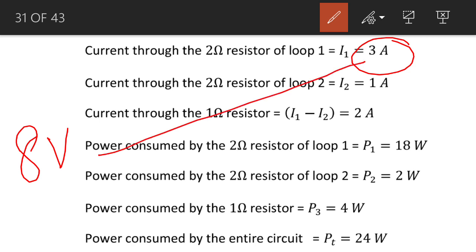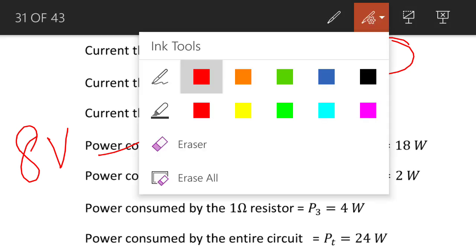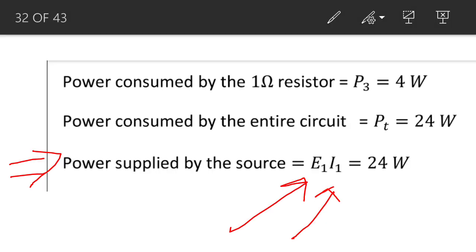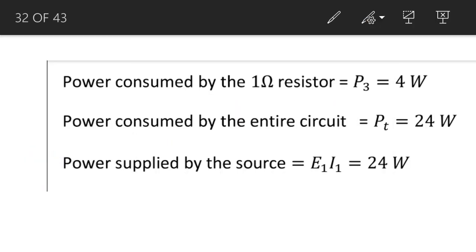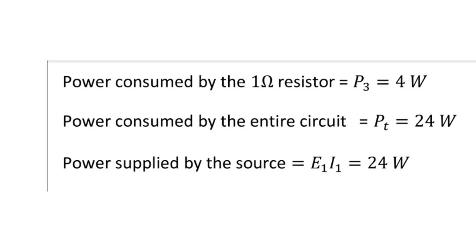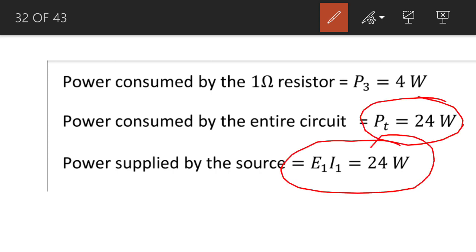So 8 multiplied by 3 gives you a power of 24 watt. So the power supplied by the source is 24 watt. The power consumed by the circuit is 24 watt and the power supplied by the source is 24 watt as well.